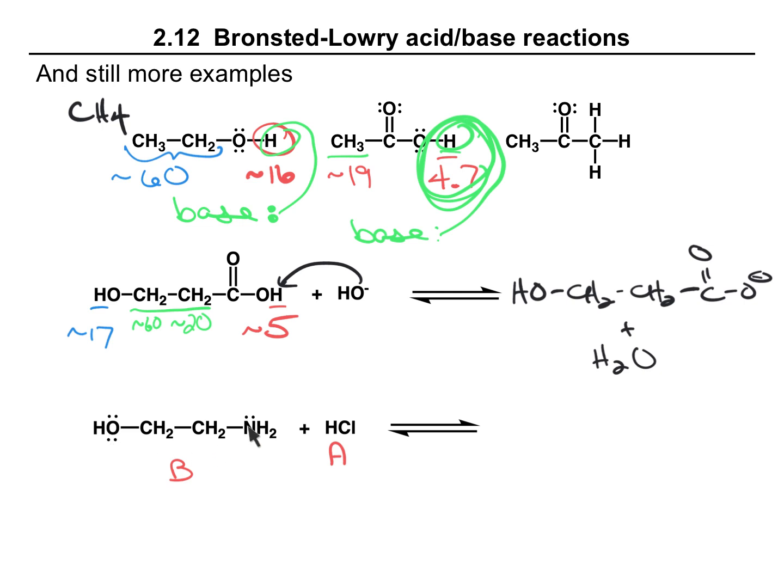So if we're looking at these two, we need to decide which one is the stronger base. How do we figure that out? We have to focus on their conjugate acids. So think about some R group connected to NH3 plus, or some R group connected to OH2 plus.